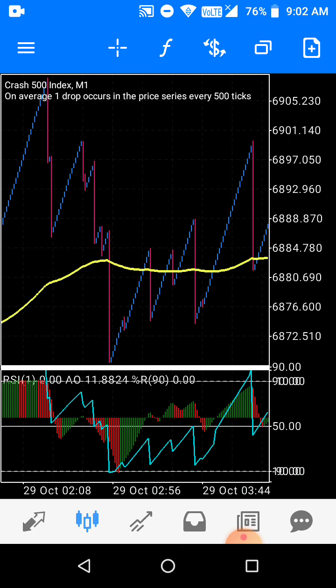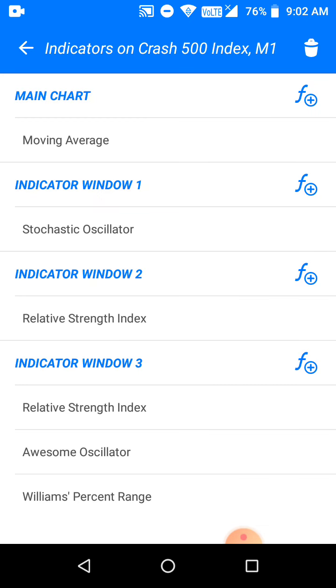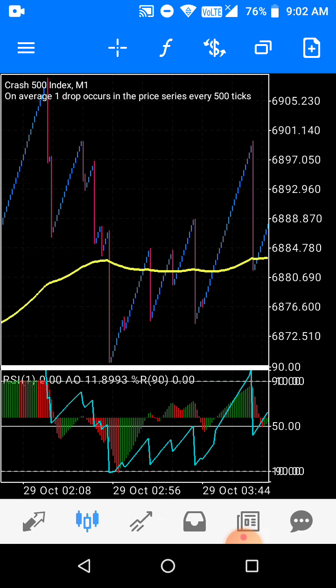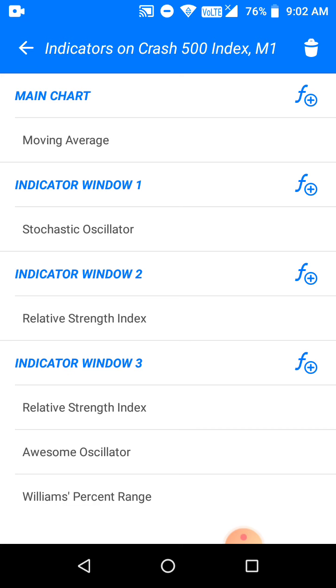Okay, so let's look at the settings. On our main chart, we basically just have the moving average 200, exponential. Let's choose yellow and click done. On my chart the indicator window is window 3, according to you, I don't know.